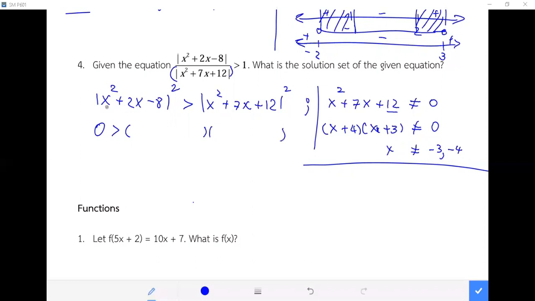The term of sum: x squared plus x squared is 2x squared, and then 7 and 2 is 9x, 12 minus 8 is plus 4. I use the difference of 2 squares, you know. This is my sum term, this is my difference term. This one minus that, x squared minus x squared, gone. 7x minus 2x is 5x, and then 12 minus 8 is going to be plus 20.